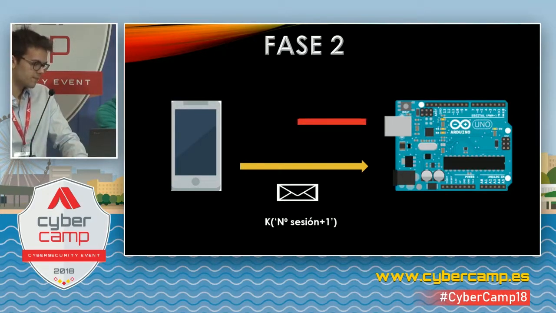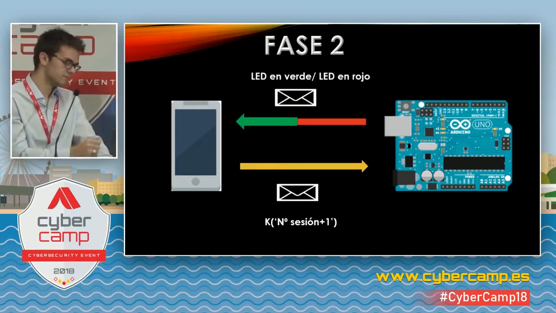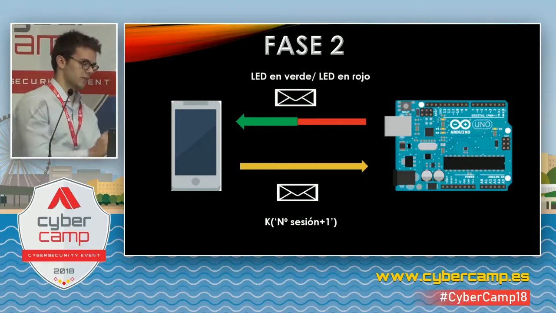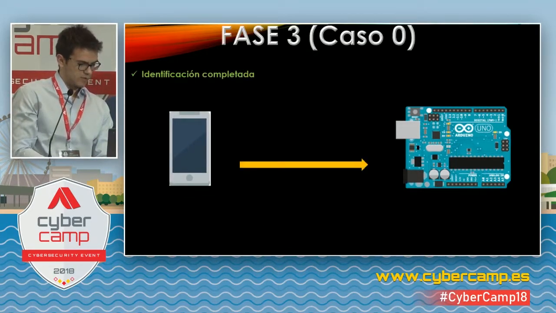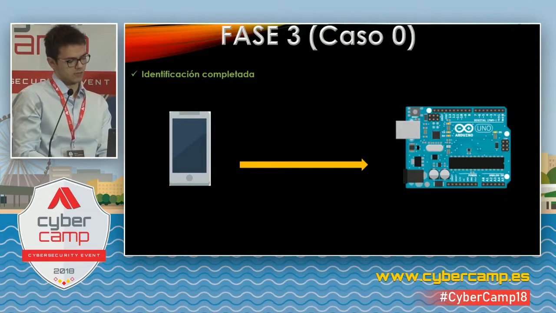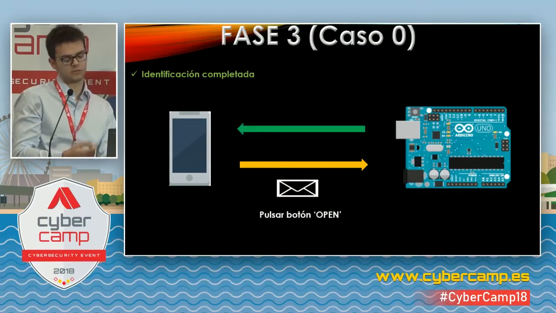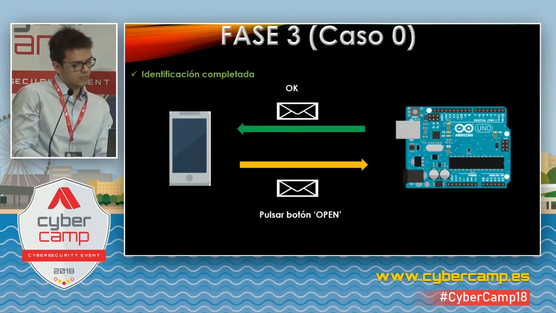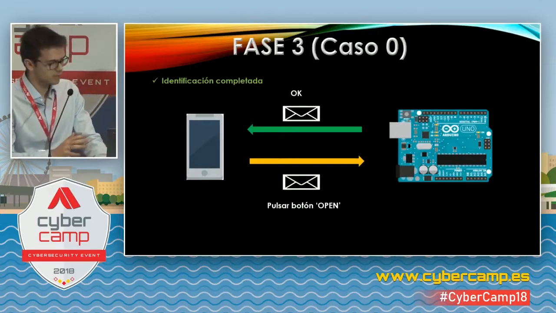Then a deciphered number, plus 1, would go one way, and Arduino would then send a message as well that we have verified with an LED. There are different modes for opening and closing, but unfortunately we had no time to finish that.